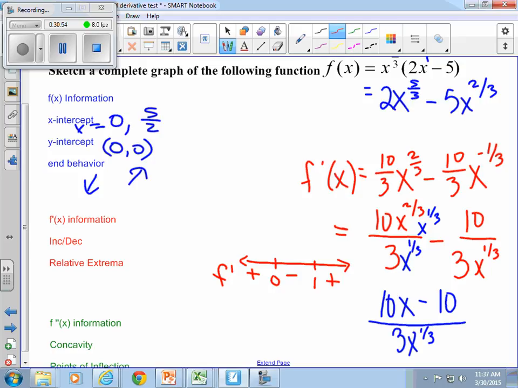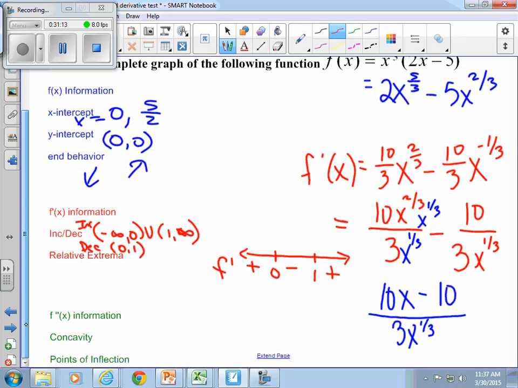So my function is increasing from negative infinity to 0 and 1 to infinity, and it is decreasing from 0 to 1. Relative extrema, I have a relative max at 0, which is the 0,0 point, would you agree?